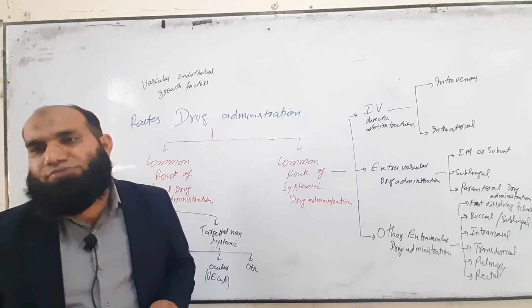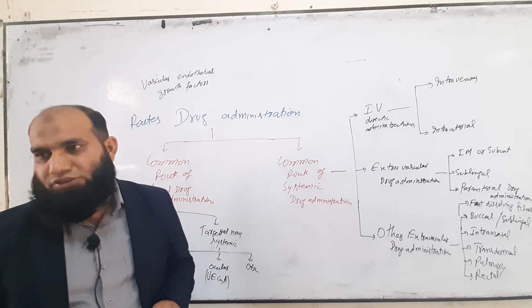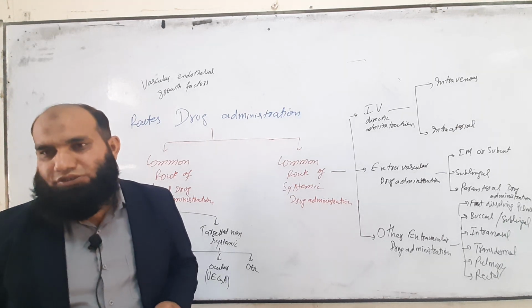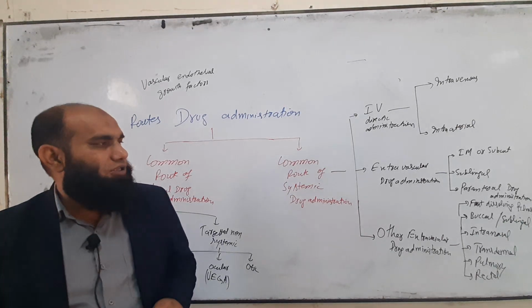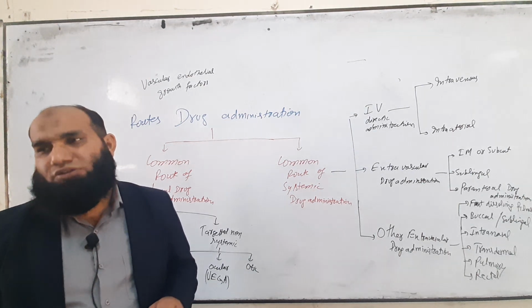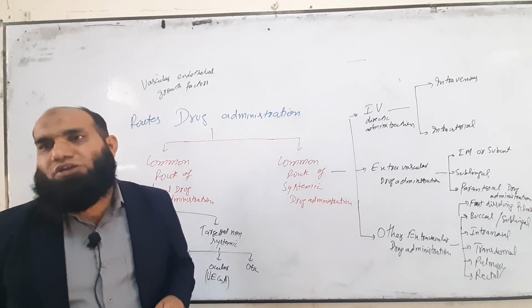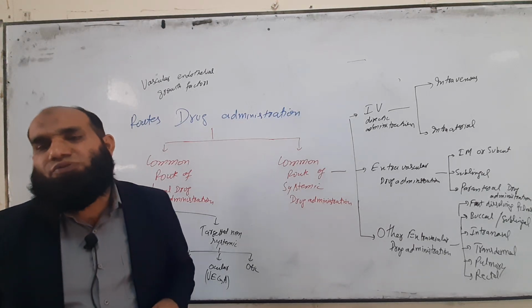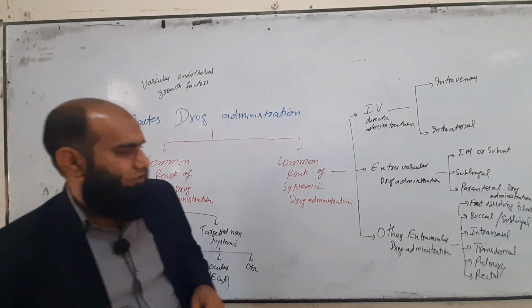Parenteral is basically a term which may be used for injections in our pharmaceuticals. The larger meaning of parenteral is other than oral, but in our pharmaceuticals, we use the word for injectables.